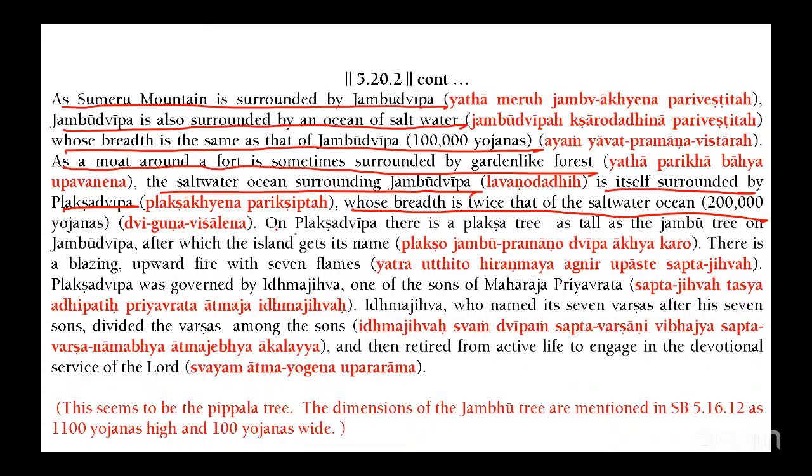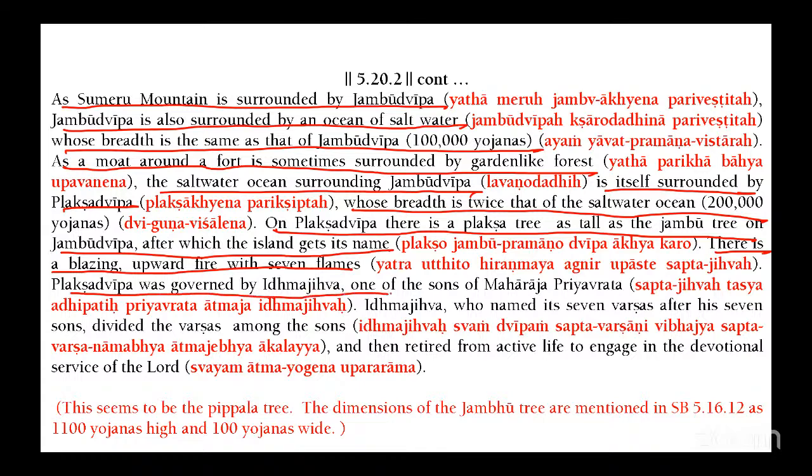Why is it called Plakshadweep? On Plakshadweep, there is a Plaksha tree as tall as the Jambu tree on the Jambudweep, after which the island gets its name. Okay. There is a blazing upward fire with 7 flames.